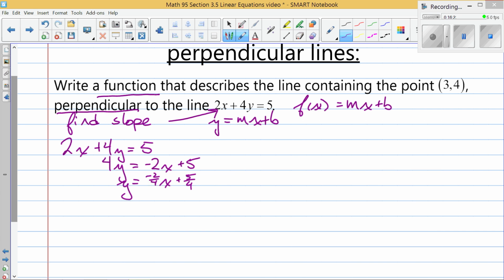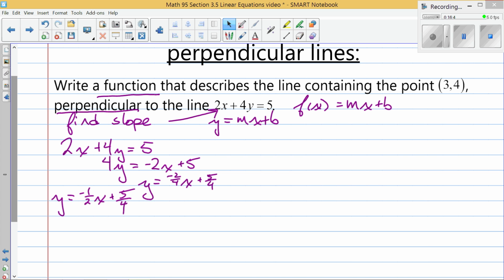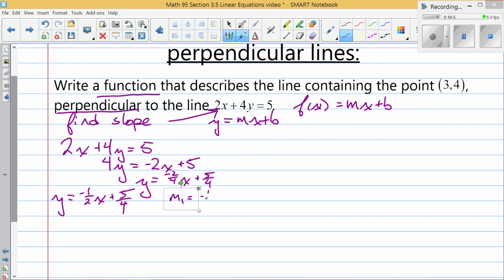It's really painful when you do. We are not finished. I'm going to simplify this slope. So I'm going to have the line really y equals -1/2 x plus 5/4. So I'm going to call this slope m1. m1 equals -1/2.